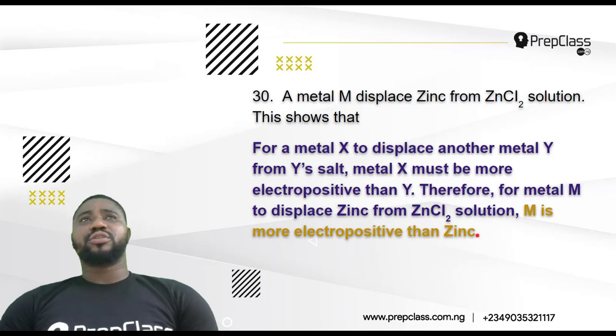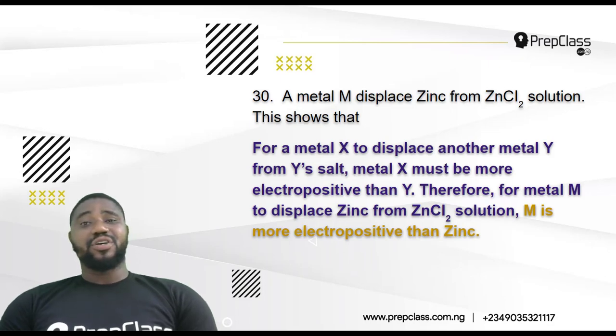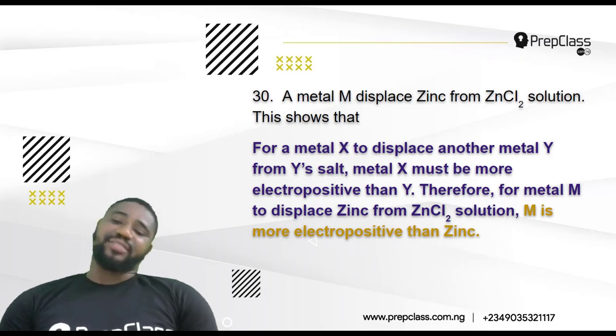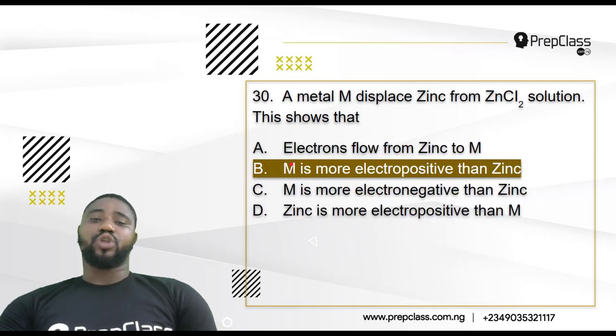The only condition that must be met is that the metal that is displacing the other metal must be more reactive or electropositive than the metal that is being displaced. So the correct answer is M is more electropositive than zinc. Option B is the correct answer.